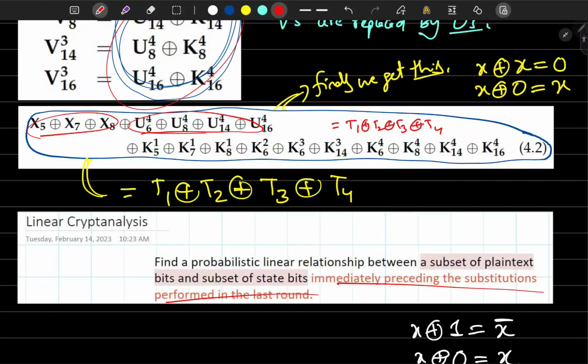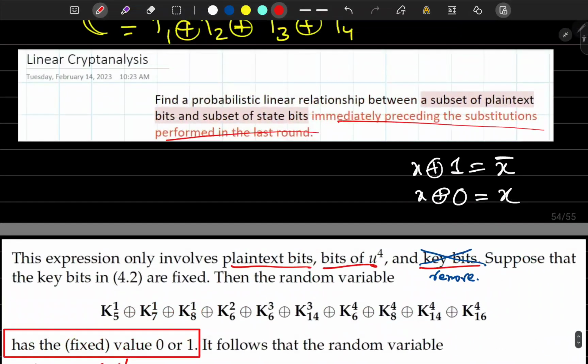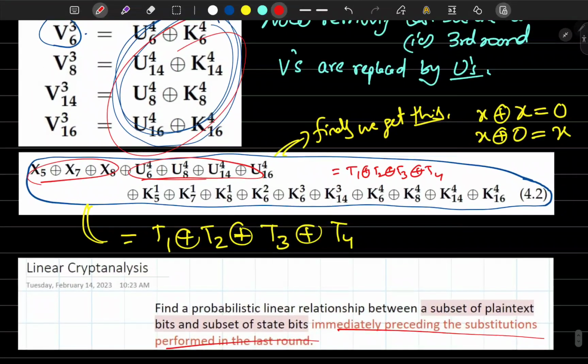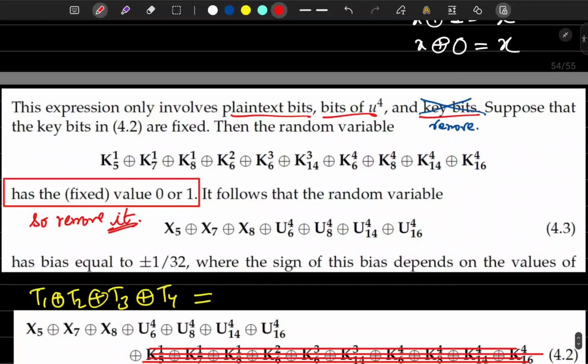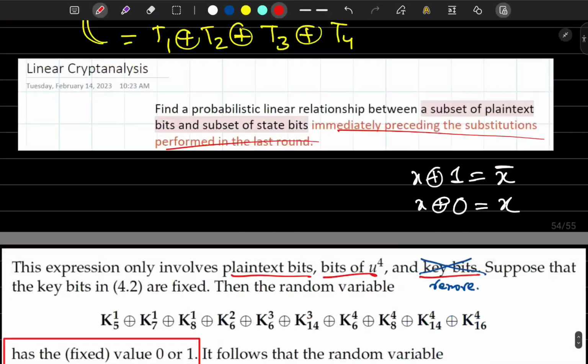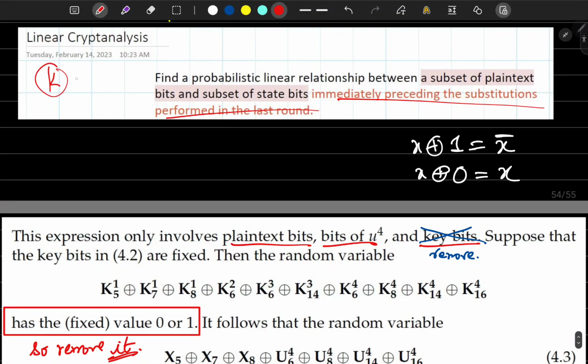Okay, so what is the next step? Since capital K is like a master key, from that master key we have generated K1, K2, K3, K4, K5, all the round keys. Since K is a master key known between two parties, it is a fixed secret key.